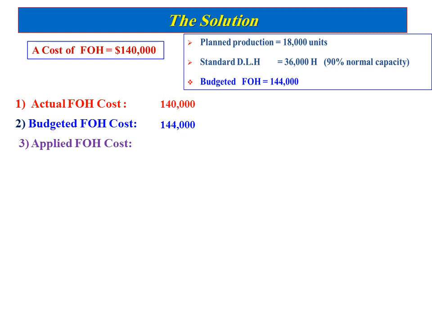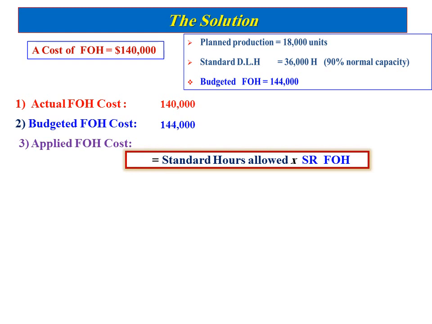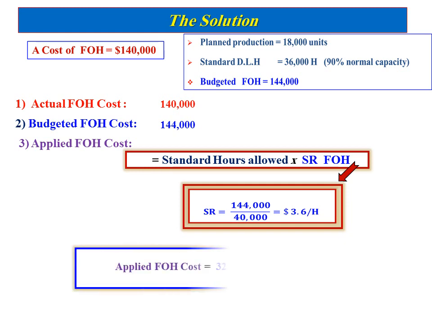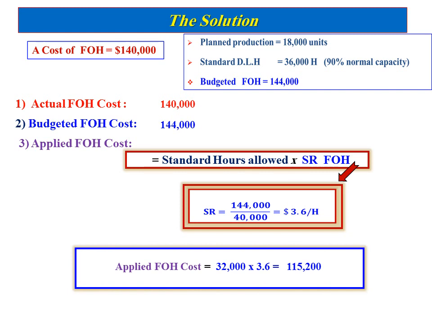I have actual cost. I have already budget, both of them given. And I need to calculate standard hours allowed here. This is my standard rate using the hours at normal capacity. After calculating standard rate, and already I have standard hours allowed 32, I can calculate applied fixed overhead.